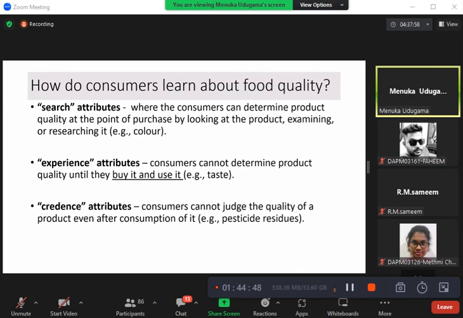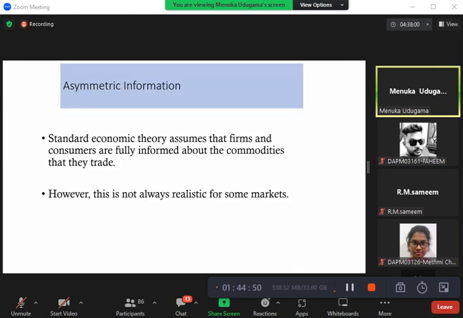So these attributes create lots of problems that food economists and economists are interested in. Why? Because of asymmetric information. Right, information is very important in economics or for the economy. Markets fail if there is asymmetric information.